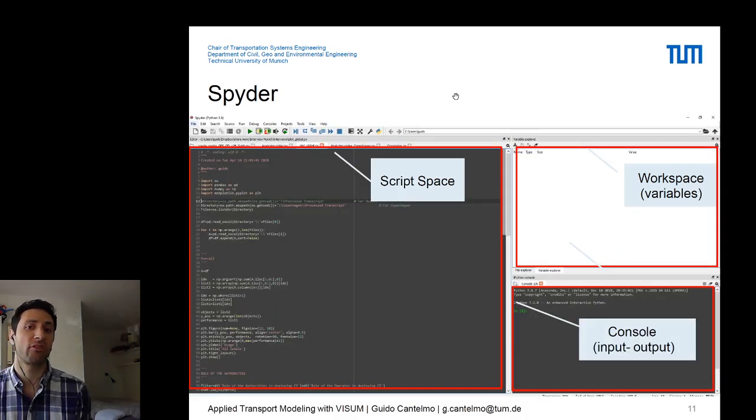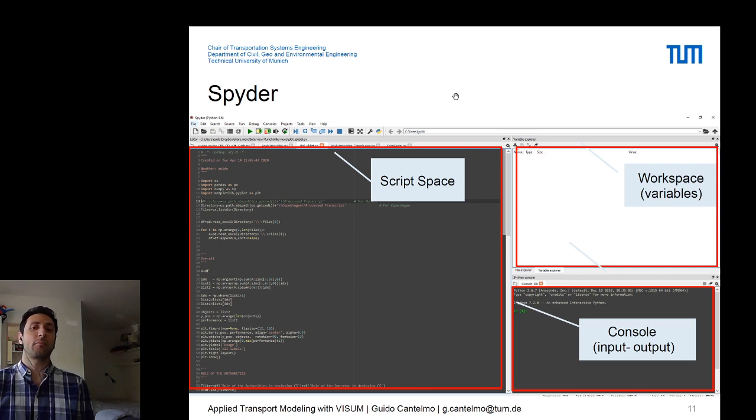And this is an example of Spyder, which is another environment, for Python in this case. And you can see that it's pretty similar. Well, it's the dark side against the bright side, but the only reason is that this is from my computer and I like a black background. Of course, you can personalize it. And the idea is that you have a script space, once again, a console input and output, and a workspace.